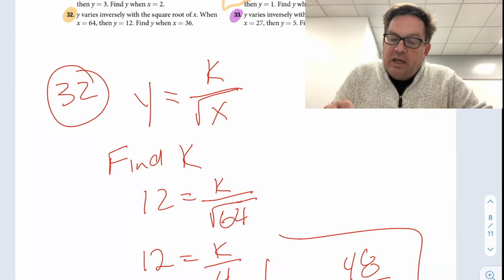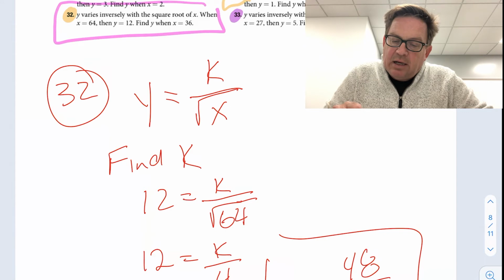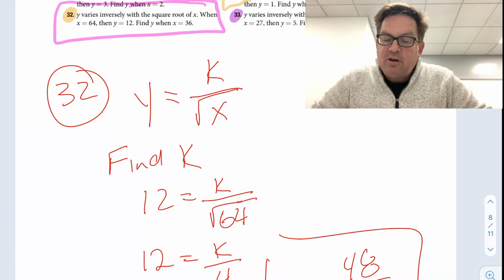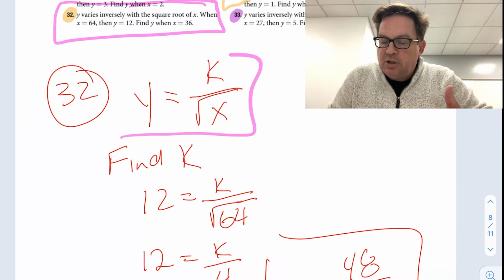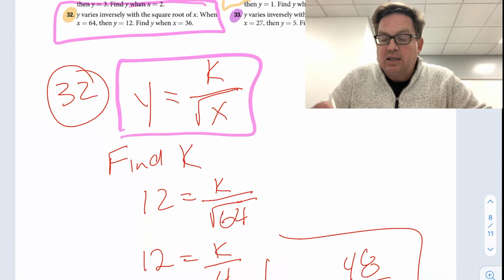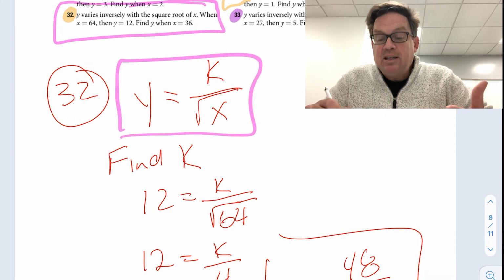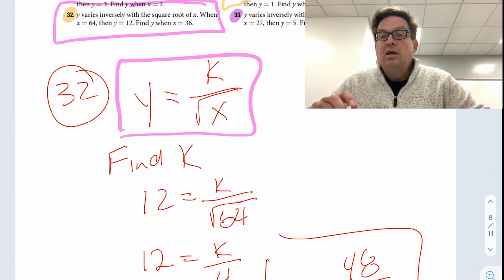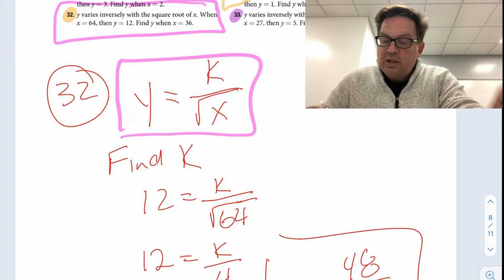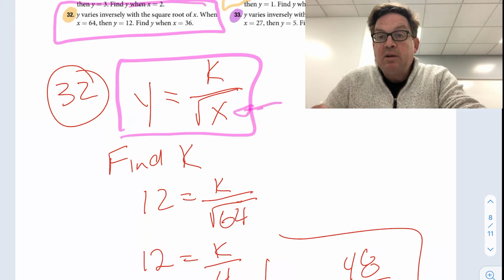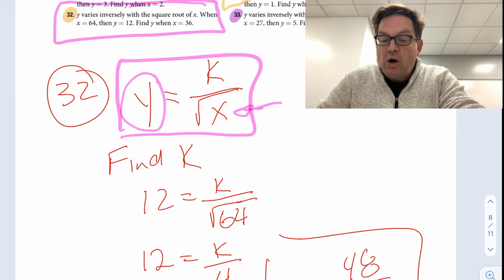In the book, they ask you to do all these things. Number 32 says y varies inversely with the square root. All that means is there's a formula where y is equal to some constant divided by the square root of x. If it varies inversely, that means it's in the denominator. So when x gets bigger, the denominator gets bigger, so y is smaller.